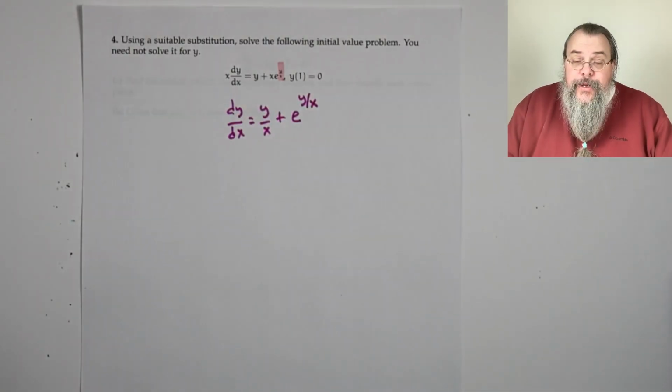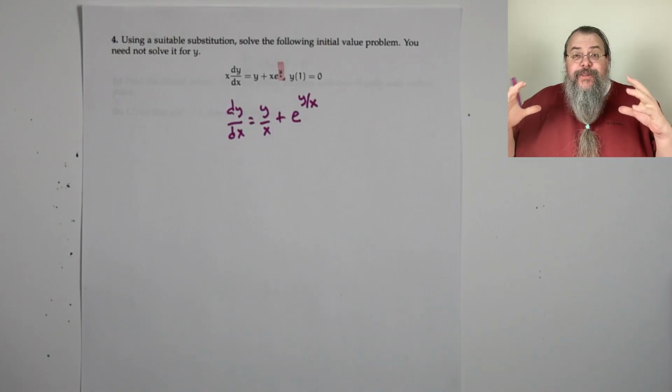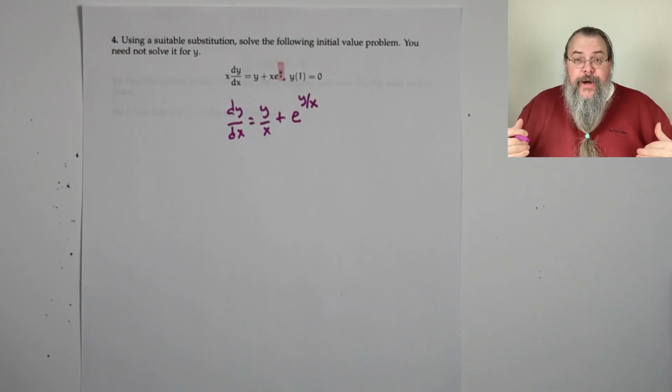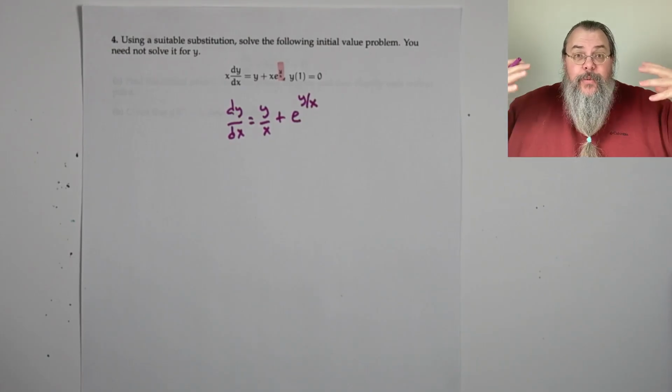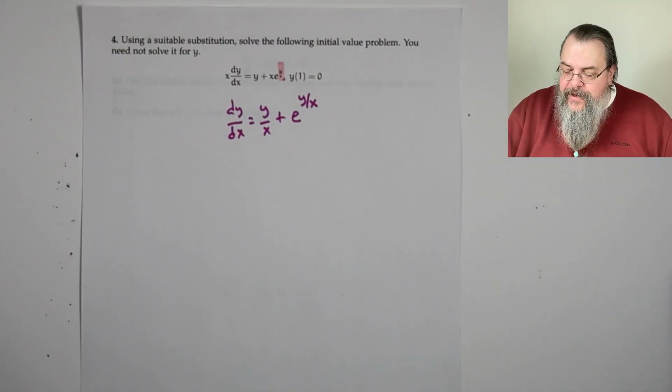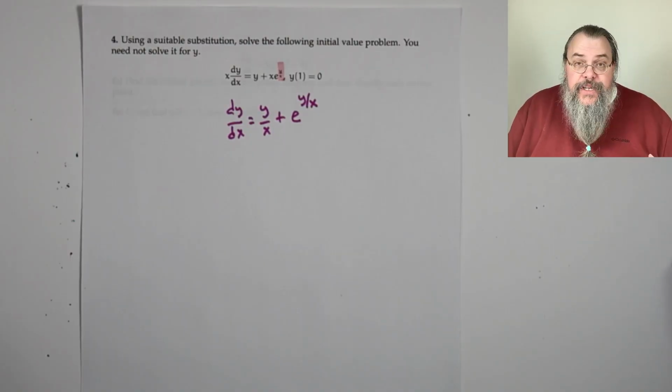Now, good news. Whenever you see something where you say, I can rewrite it so everything looks like y over x, there's a way to approach it. And so this has a name, and unfortunately it sounds like we're repeating ourselves, but this is a homogeneous equation.